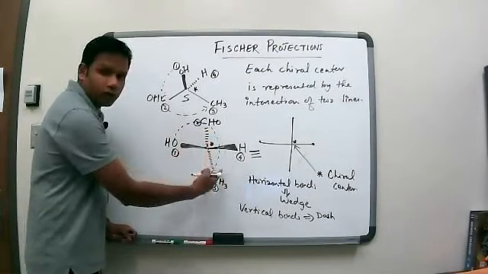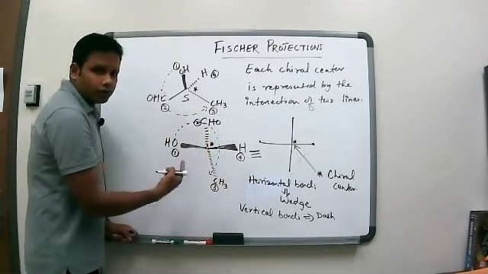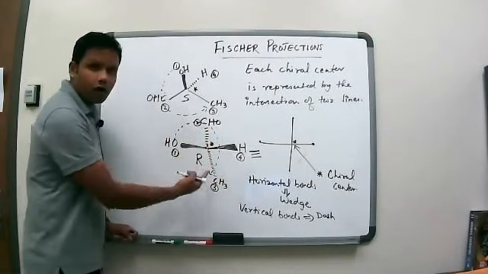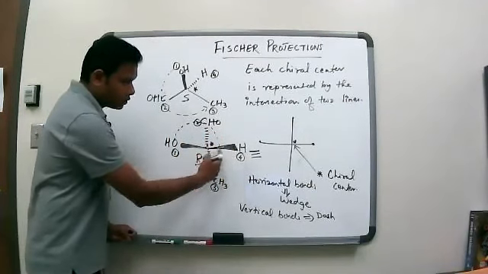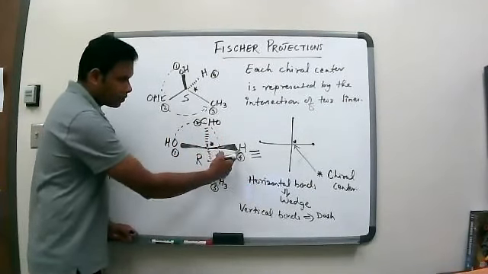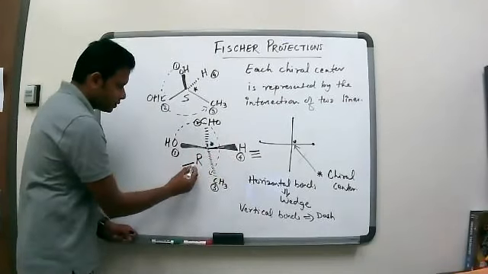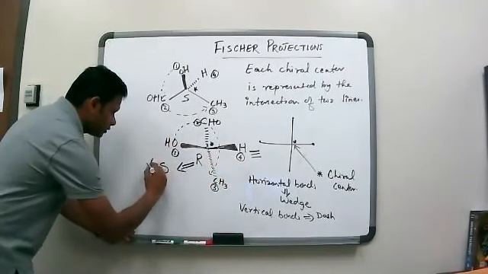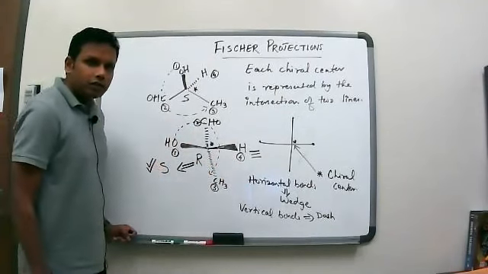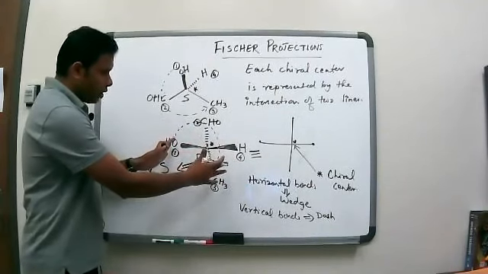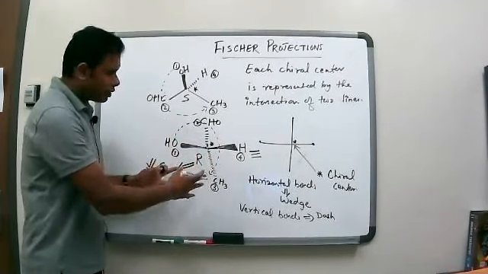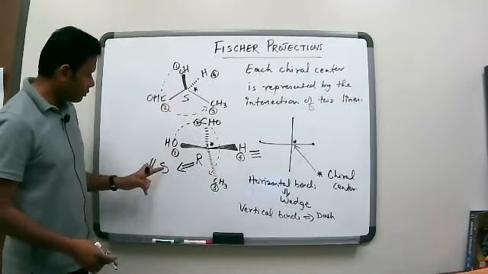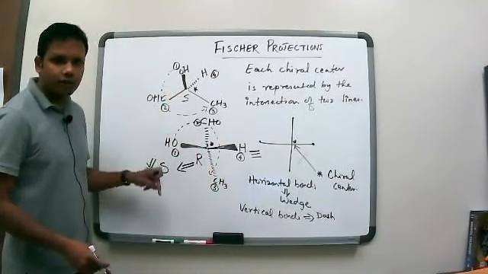So this is a clockwise rotation, which would mean R. But our lowest priority group, the hydrogen, is on a wedge, which means I should invert, so it should be the other configuration. So the actual configuration is an S. So that means this compound that I have drawn in Fischer projection here is the same as this molecule at the top, because they are both of the S configuration.